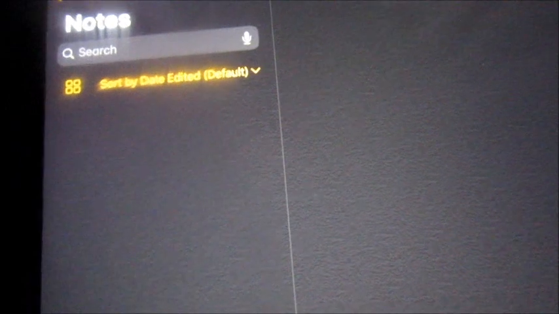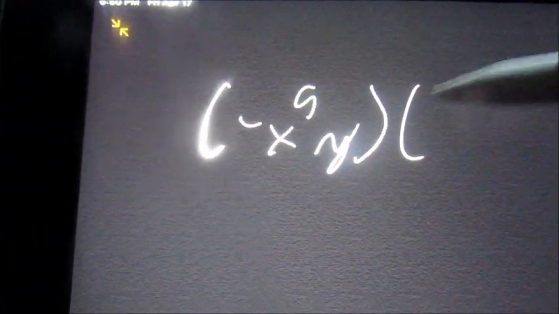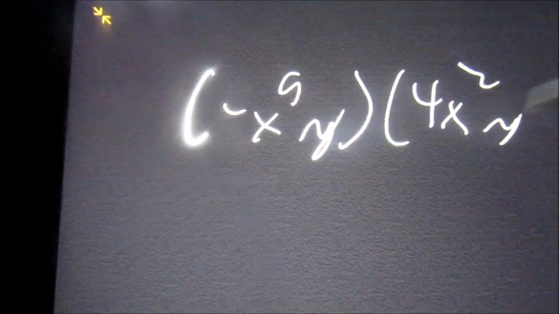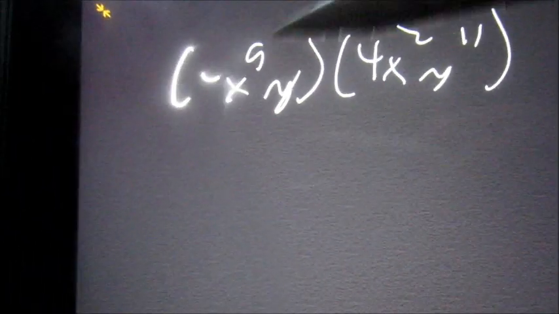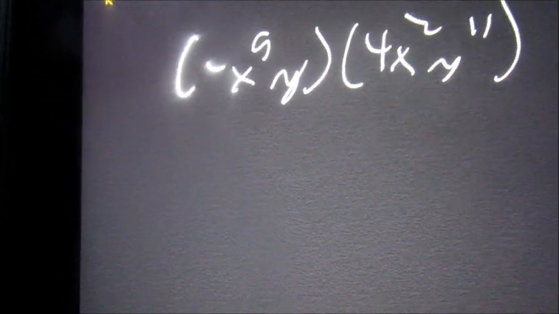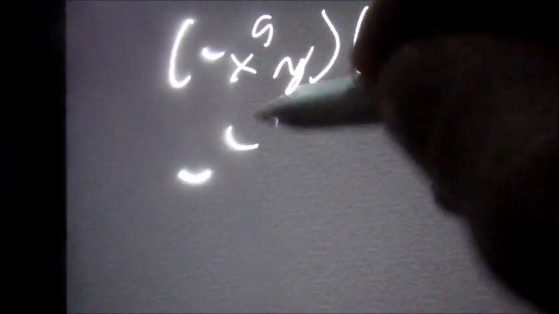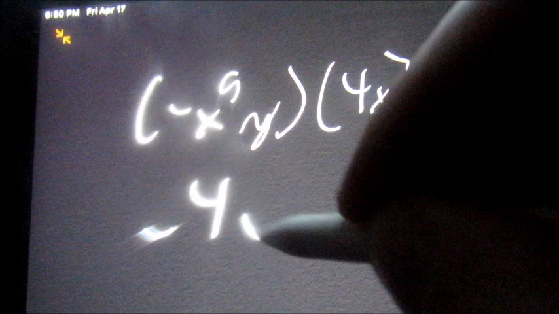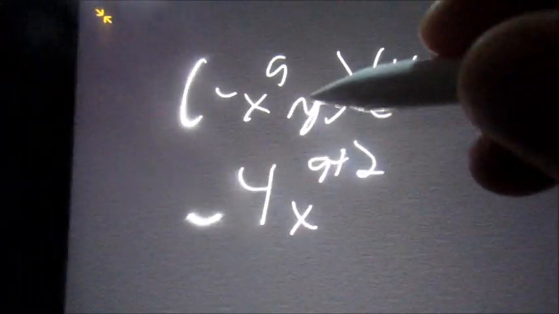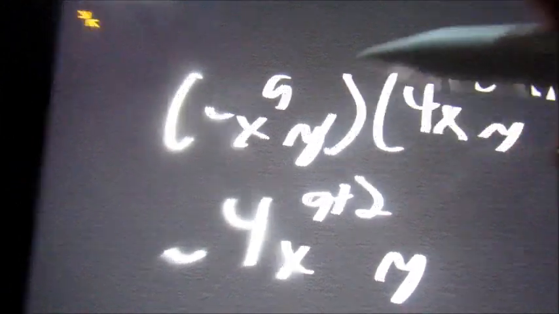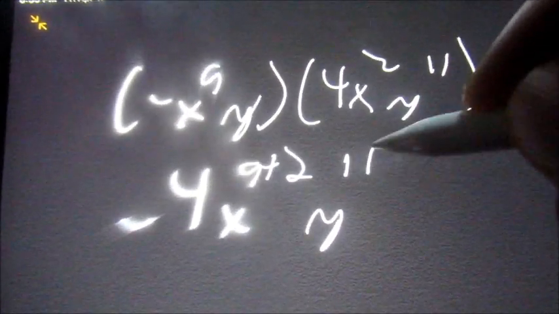Okay, so let's do another one that has some negatives. Let's say we have negative x to the 9 y times 4x squared y to the 11. Okay, so we have a negative 1 times 4, so that's a negative 4. x to the 9 plus 2, and y to the 1 plus 11.